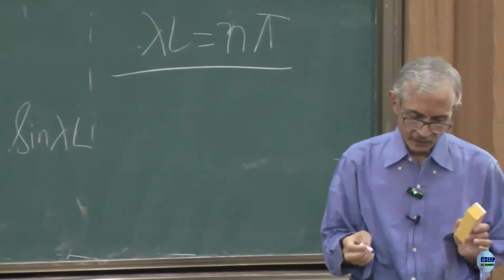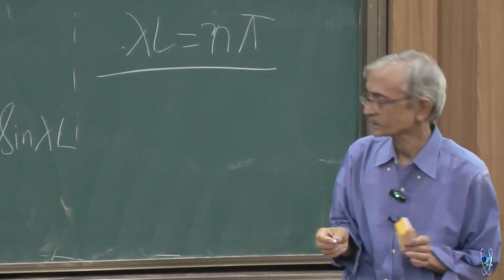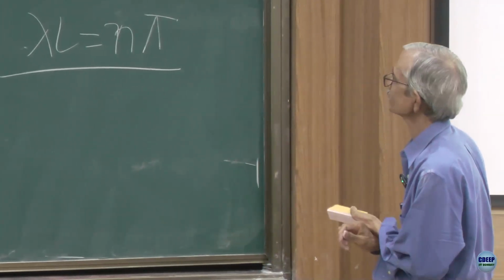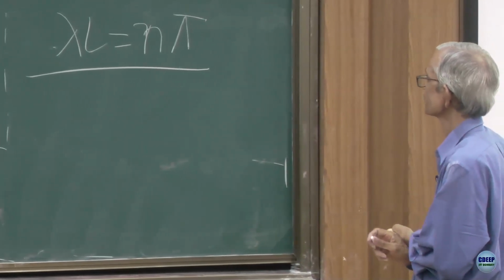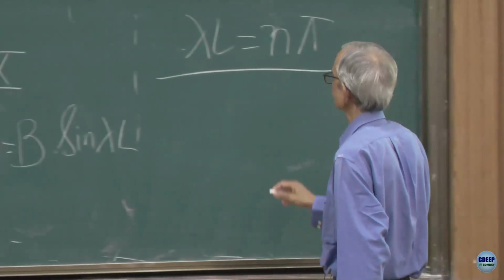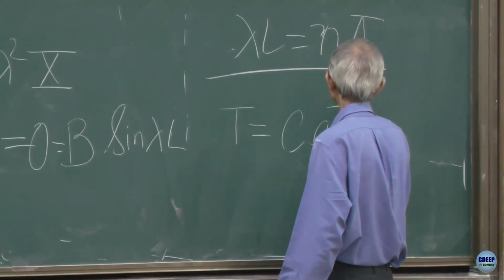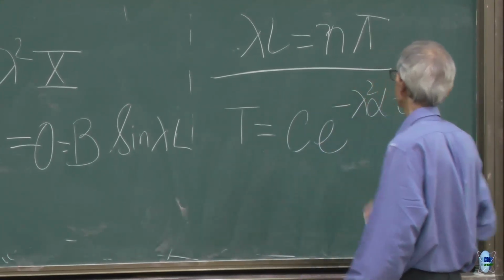So I've got a partial differential equation. We started by saying that my solution is going to be X of x times T of t, and we showed that my T was equal to C e to the minus lambda square alpha t.